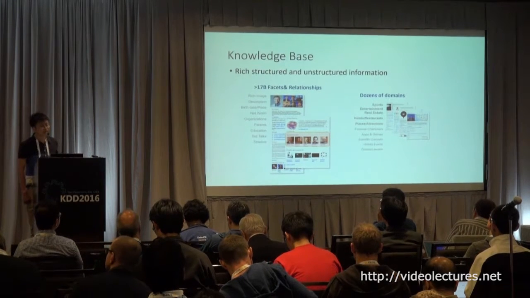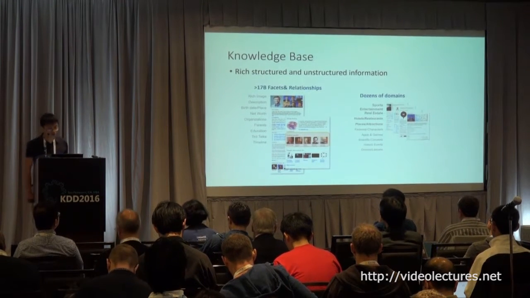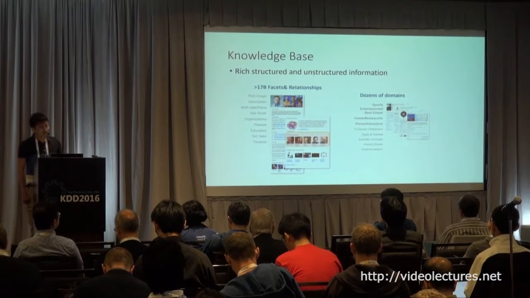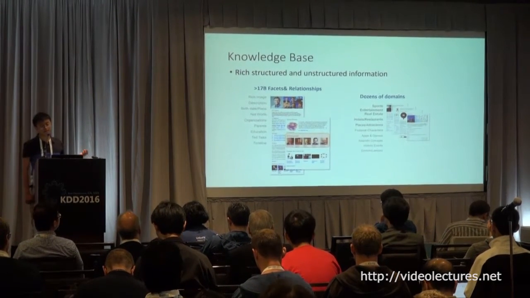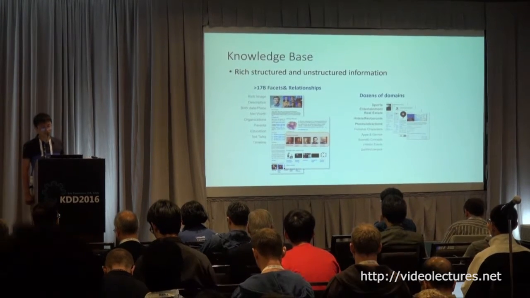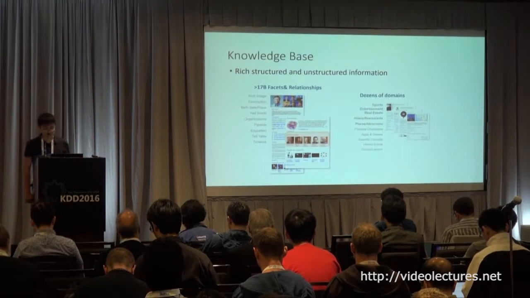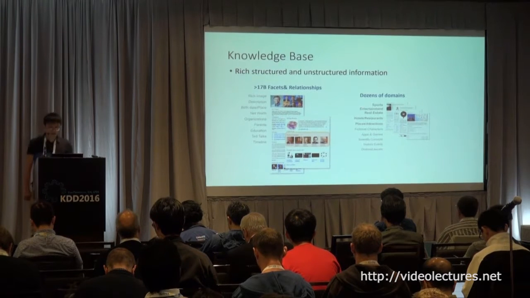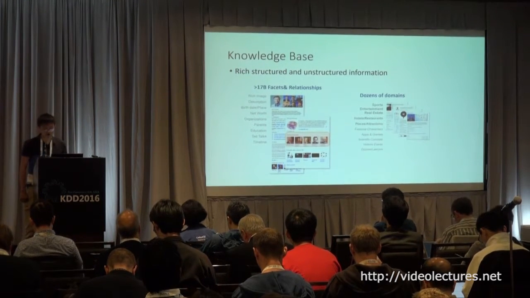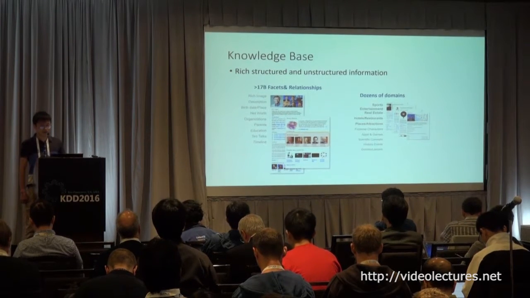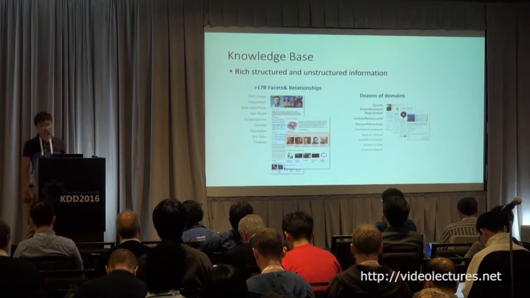We can see there is much rich, structured and unstructured information. For each entity, it contains many attributes and some text description and image description. And Satori also contains dozens of domains such as sports, entertainment, restaurant, movie, book, and so on.